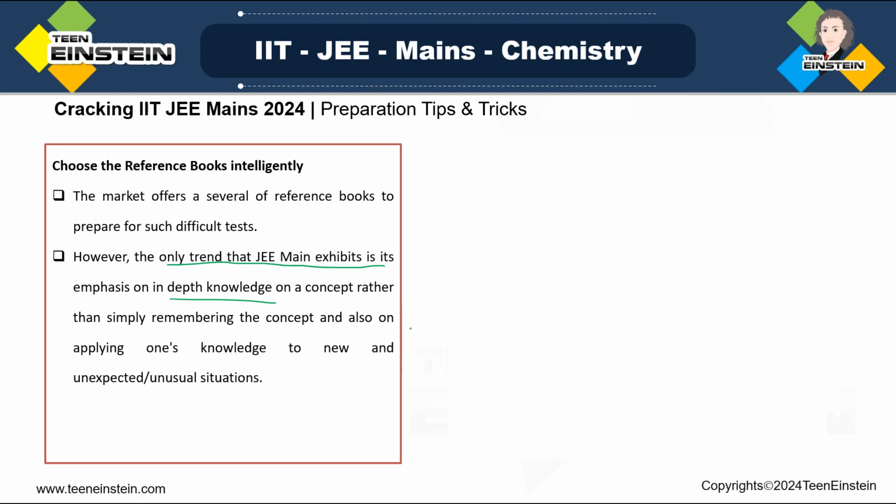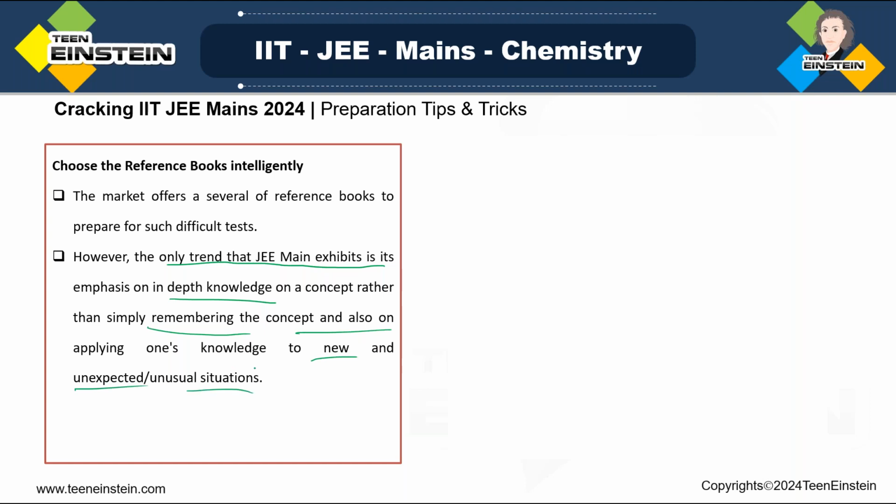The questions are designed in such a way that they check your in-depth knowledge. That is why, though it is important to choose books intelligently, don't waste much time on this, rather than simply remembering the concept, focus also on applying your knowledge to new, unexpected, unusual situations.